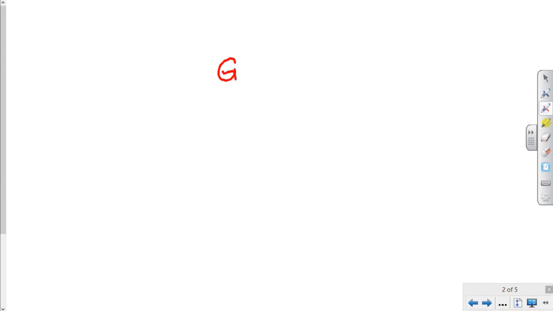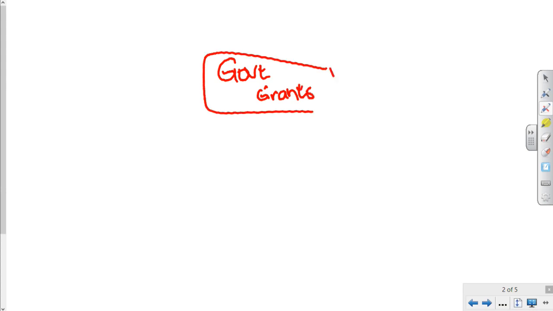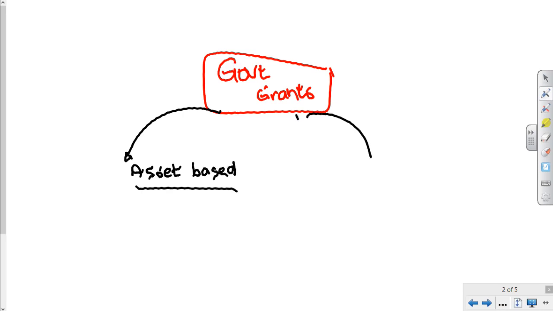And essentially, there are two different types of government grants. We get what is defined in the standard as asset-based government grants and income-based government grants.